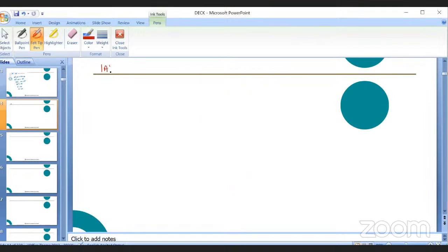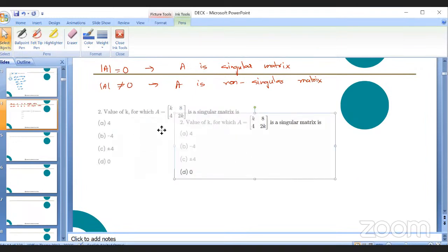If determinant of A is 0, that means A is singular matrix. If determinant of A is not 0, that means A is non-singular matrix. So I'll give you this question. Try.